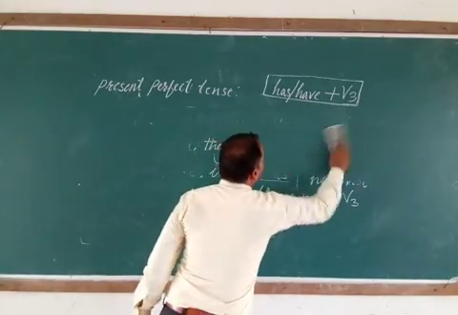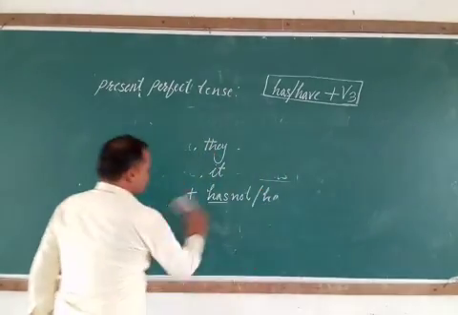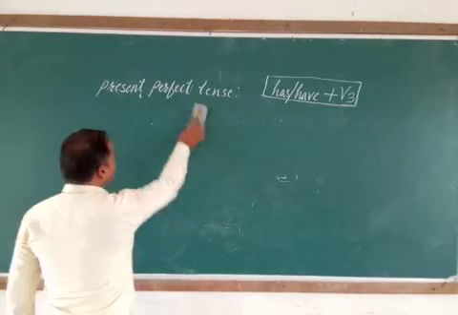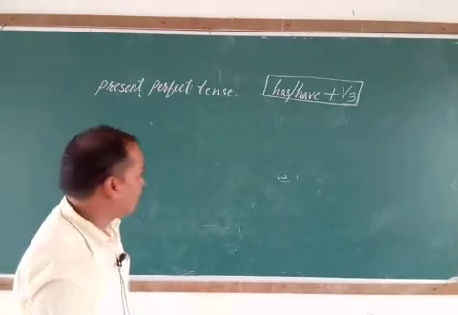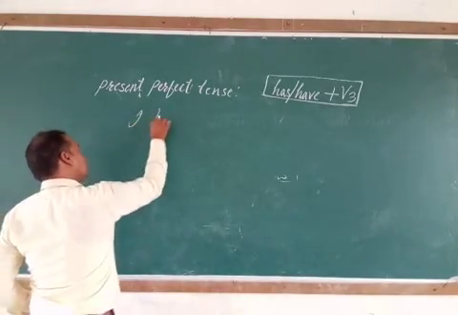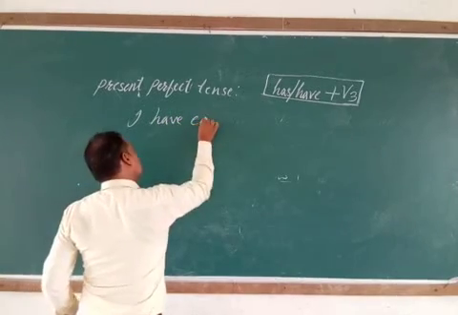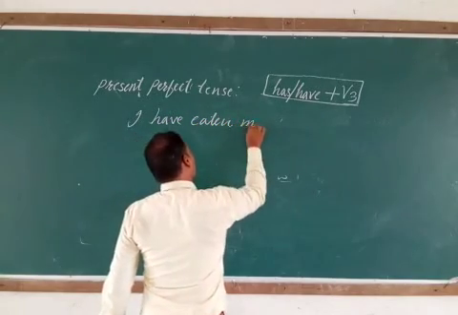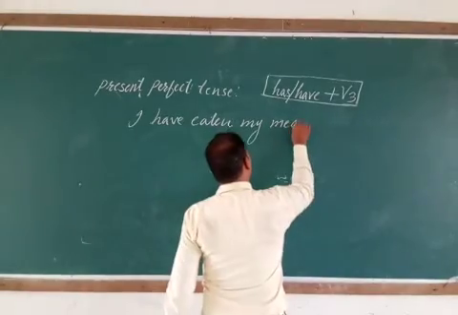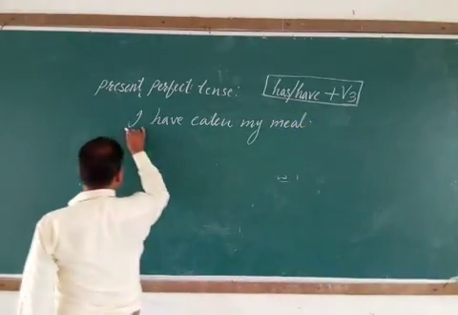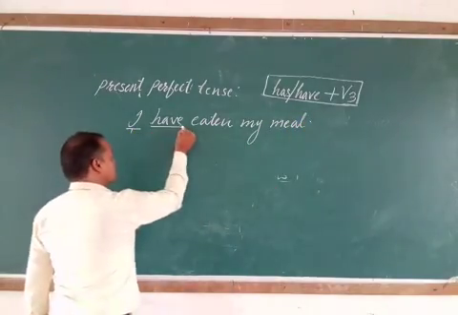First I will give you an example of have. I can write here, I have eaten my meal. Here you can see I is the subject, and with I we use have.